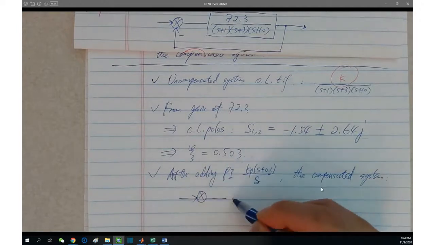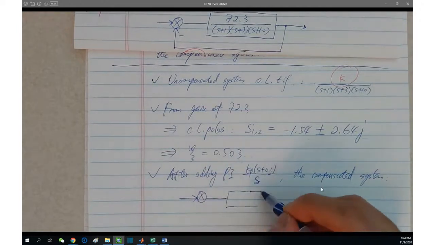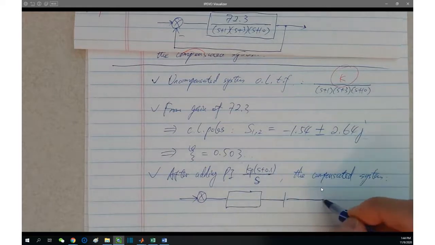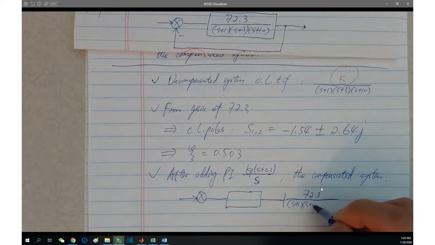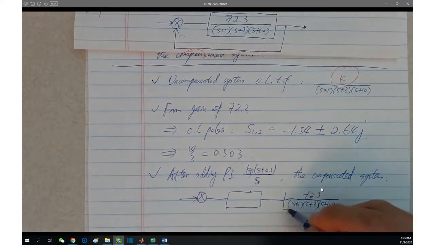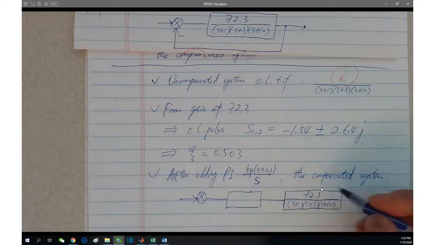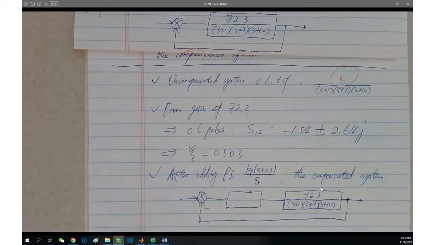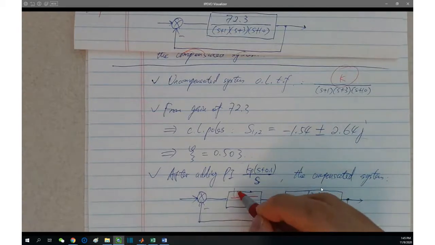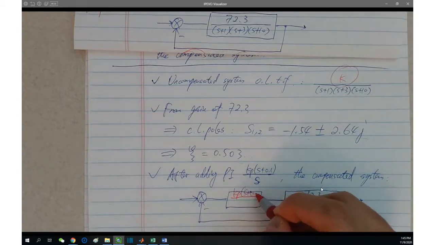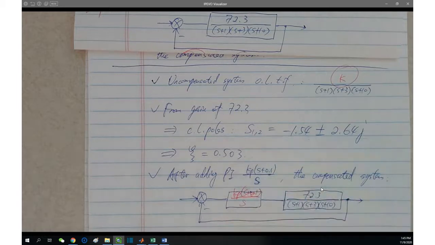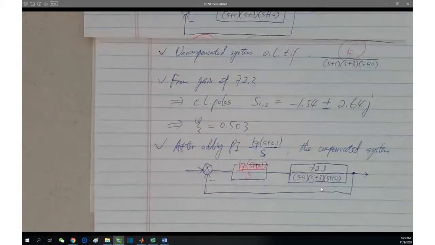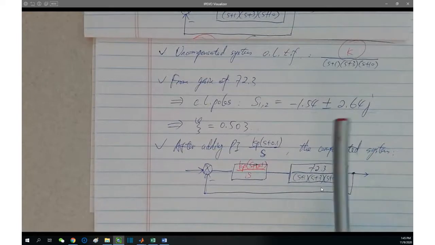So once again, we are going to visualize this. Here is our added PI controller, right? This is the after compensation. This is a new system.